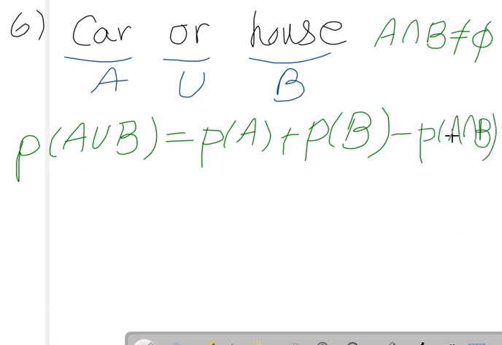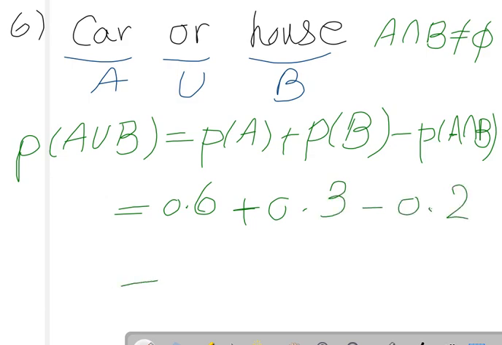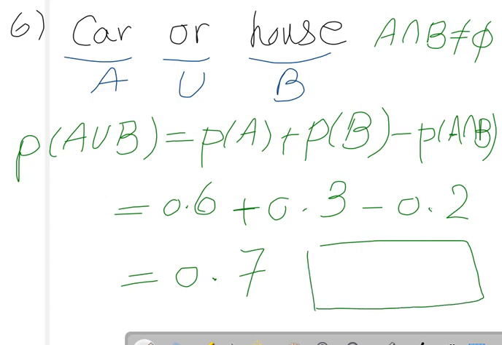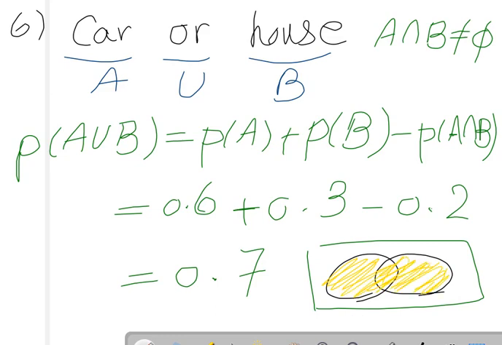So we use this equation. It's 0.6 plus 0.3 minus 0.2, and the result is 0.7. And if you want to show it as a Venn diagram, it's this area, A or B, the union of A and B.